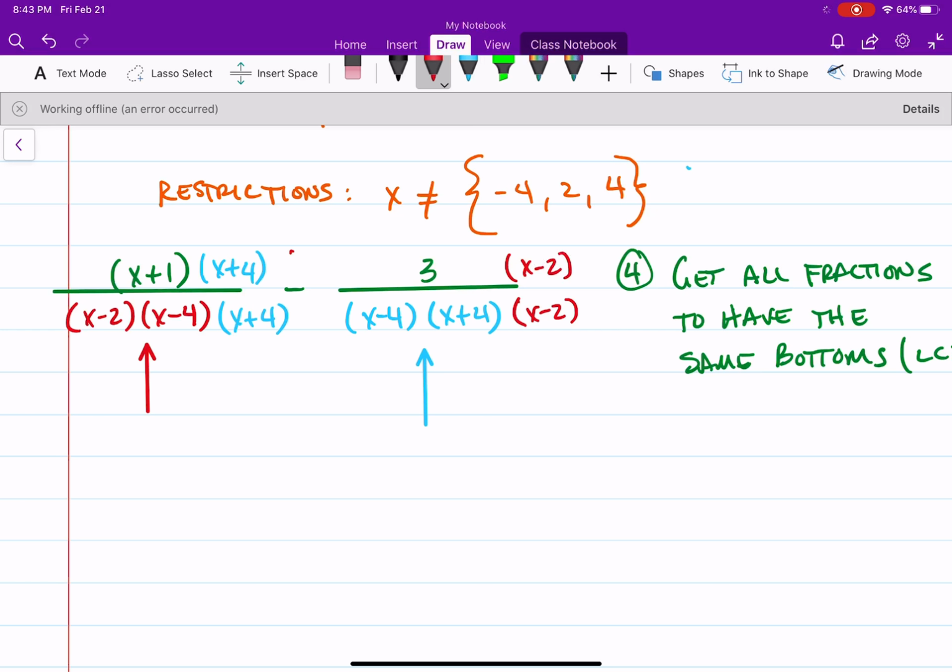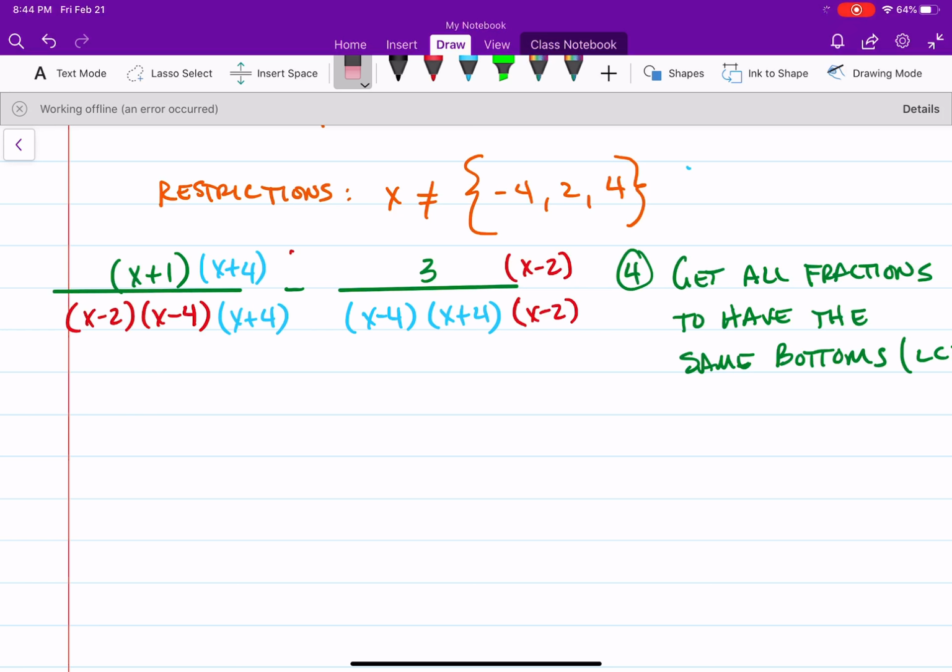And anything I multiply the bottom by, I got to multiply the top by. And if you look at the two bottoms right now, they both have x minus 2, they both have x minus 4, and they both have an x plus 4. Okay? And there's only one of each.